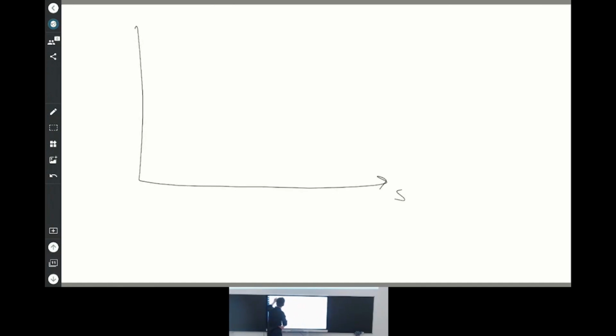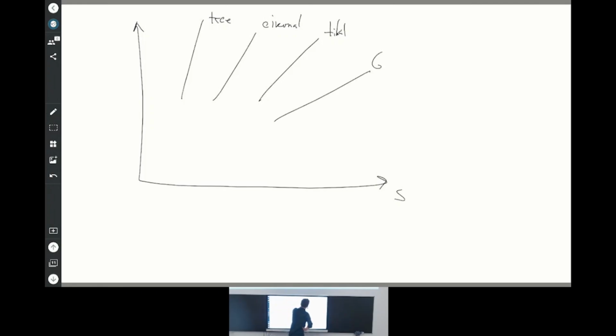Which one was first? So this was tree, Reggie, right? There was eikonal, and then there was tidal. Ah, okay. And gravity waves is the next one. It depended on dimension, right? Which one was first?